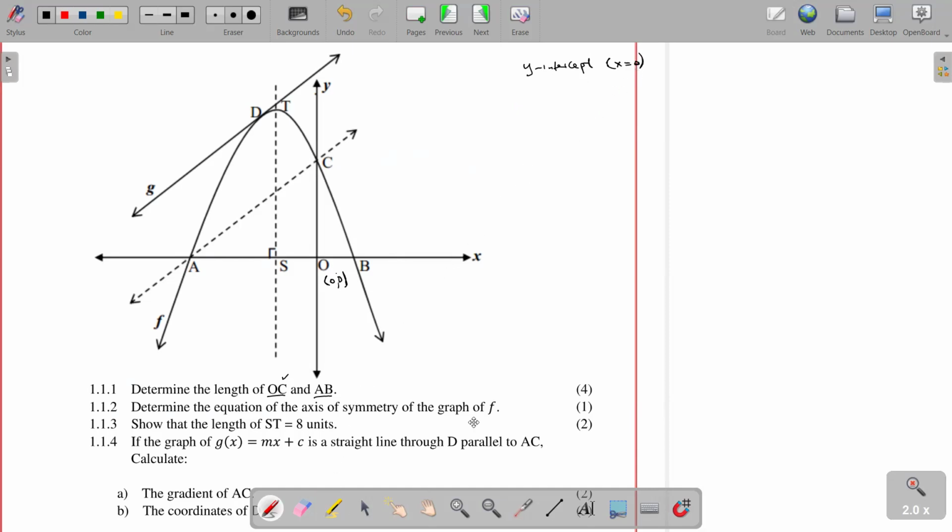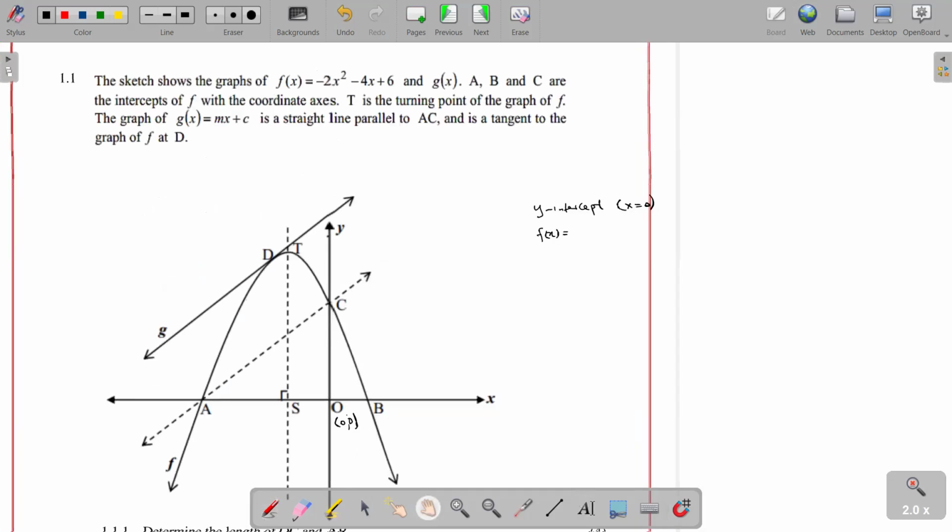Let's go to our graph. If you check, the function was given as f(x) equal to negative 2x squared negative 4x positive 6.